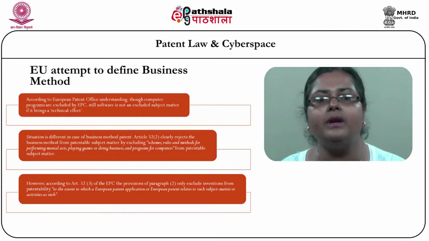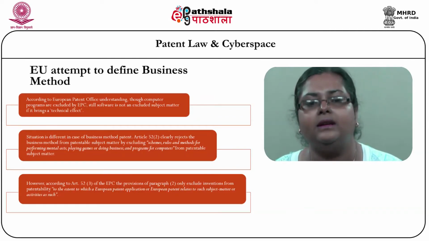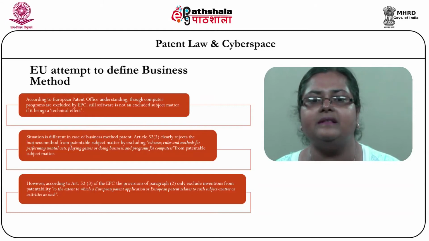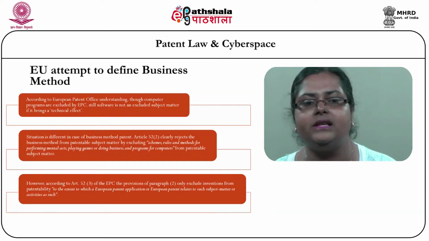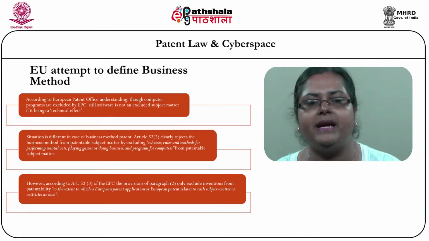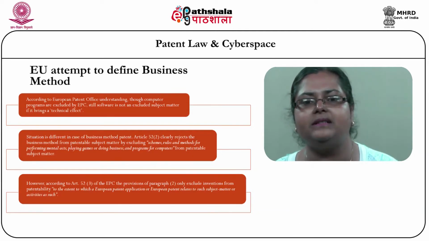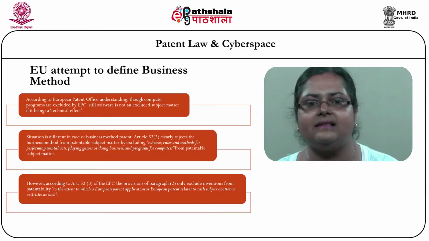However, according to Article 52(3) of the EPC, the provisions of paragraph 2 only exclude invention from patentability to the extent to which a European patent application or European patent relates to such subject matter or activities as such. Now, what is the meaning of as such? Again, it creates a huge problematic area. There is no clarification of that particular word, as such.